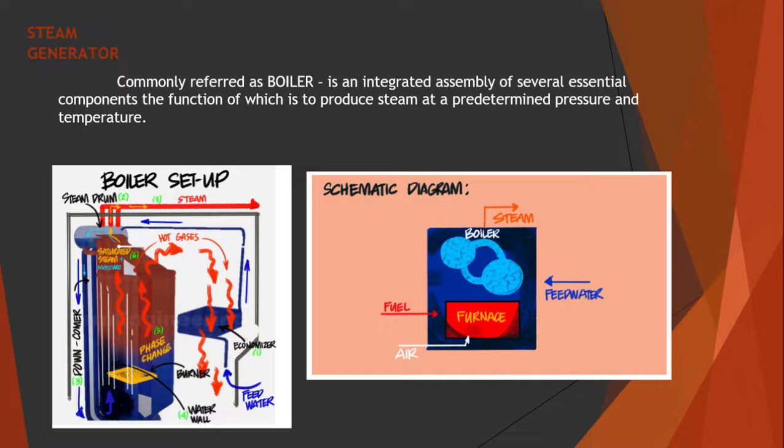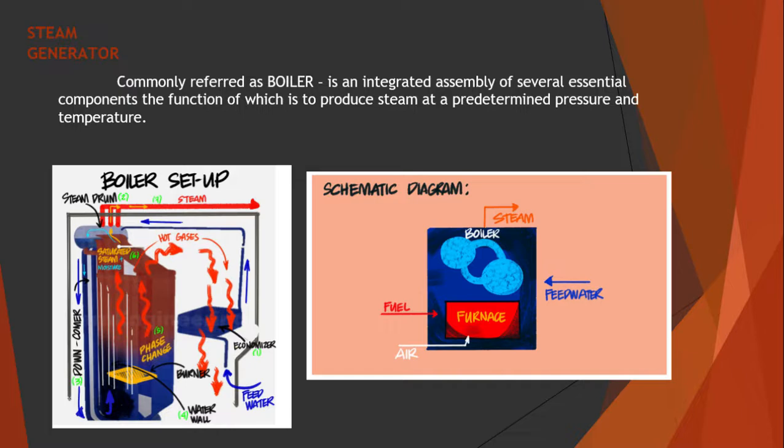I am Paul Henry Citan, the reporter in this topic. So steam generator, commonly referred to as boiler, is an integrated assembly of several essential components, the function of which is to produce steam at a predetermined pressure and temperature.